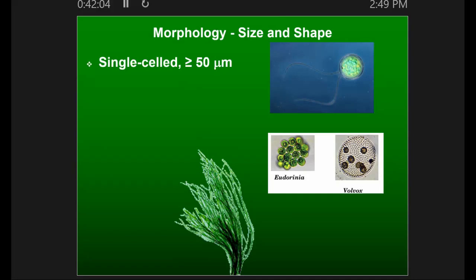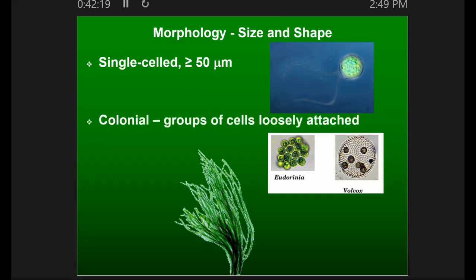However, I want you to think about their growth form, their morphology. What are some differences? I want you to know that algae can be single celled, which is the top right image. They can just be single cells, living by themselves. However, they can be colonial. You can have a bunch of single cells all mushed together, and they often have some kind of slimy or gelatinous covering that sticks them together.